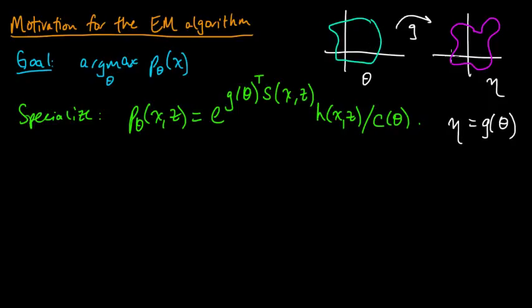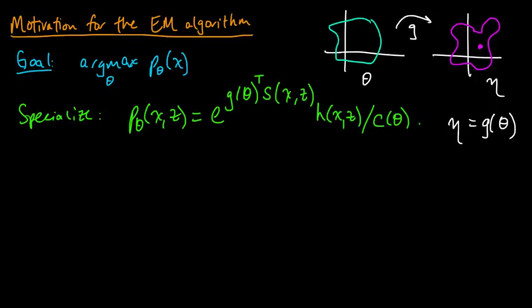My claim is that if we just set g of theta equal to eta and try to maximize this with respect to eta, with a different normalizing constant and all, then that's the same thing as if we maximize it with respect to theta.